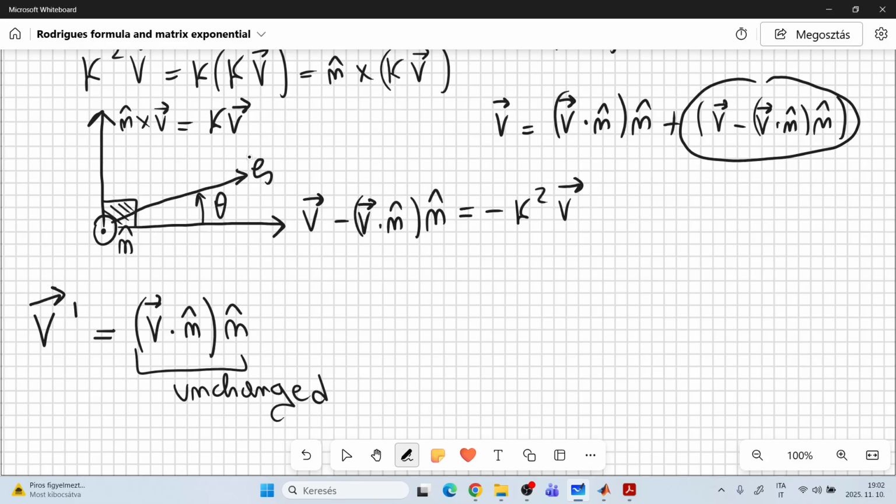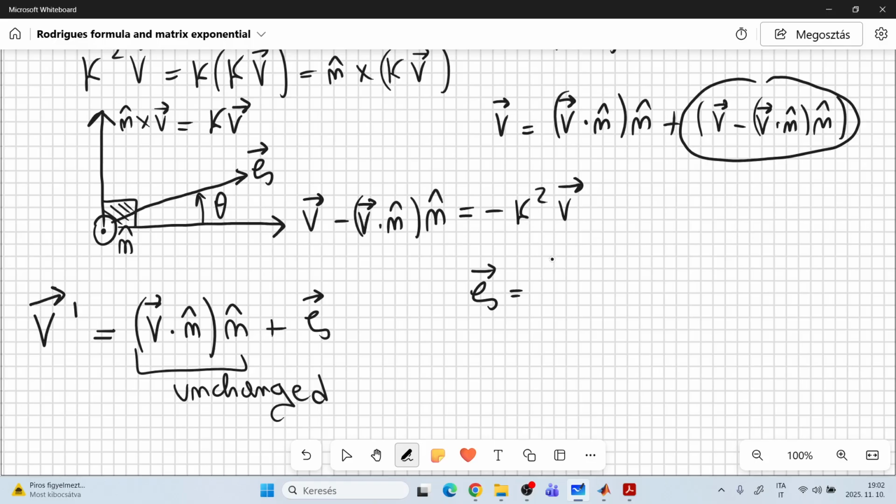I will call that zeta. But you can call it whatever you want. So it's this rotated vector. I mean, it's this one rotated by an angle theta. So we need to write zeta. And zeta will be equal to the mode of the previous vector here, which is unaffected by the rotation.